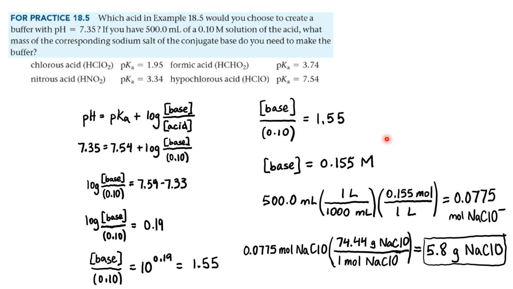And once you identify that, you can then use the Henderson-Hasselbalch equation to solve for any of these variables that a question might be asking you for. It all depends, right? In this case, they asked for the base concentration, but even more so, they asked for the grams of this base that you need in 500 milliliters to make a buffer with a pH of 7.35. Okay? Really try to understand what the question's asking you, and don't let that fool you.